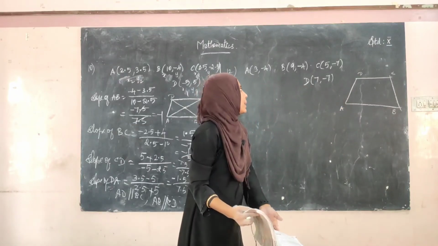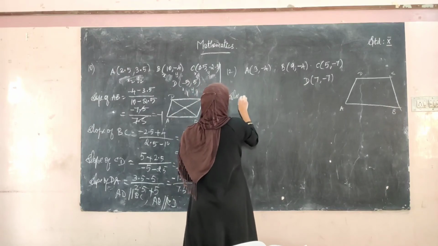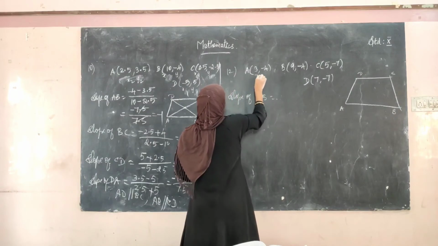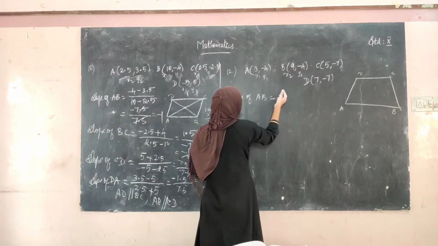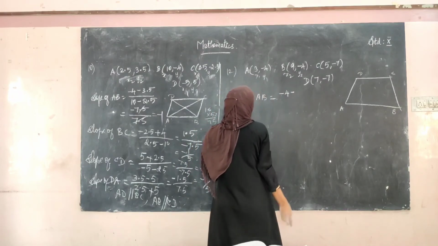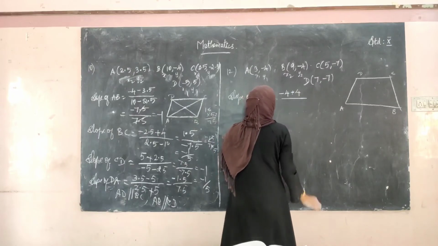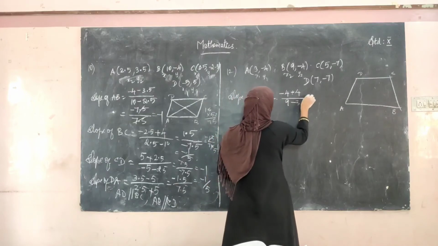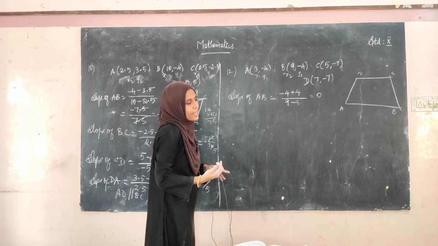So first let us find the slope of AB. AB means here x1, y1, x2, y2. So y2 minus y1. y2 is minus 4 minus of what is y1? Minus 4. So minus into minus becomes plus 4 divided by x2 minus x1. x2 is 9 minus x1 is 3, which is equal to 6. 0 divided by anything is 0. So the slope of AB is 0.